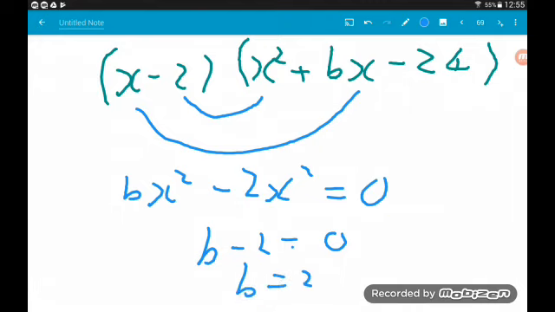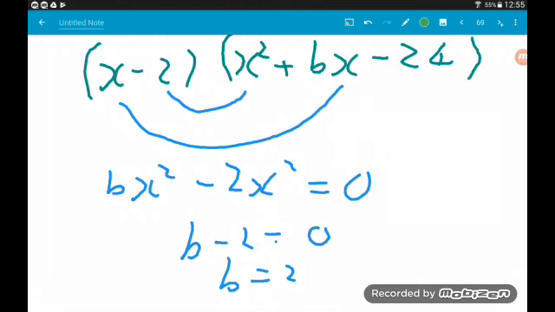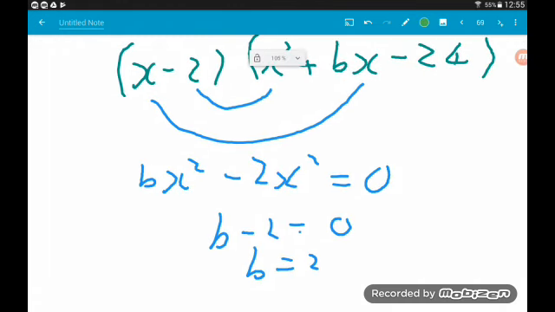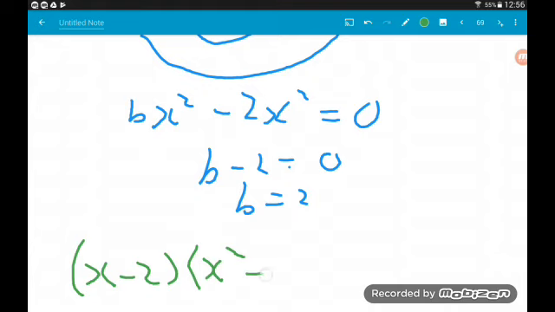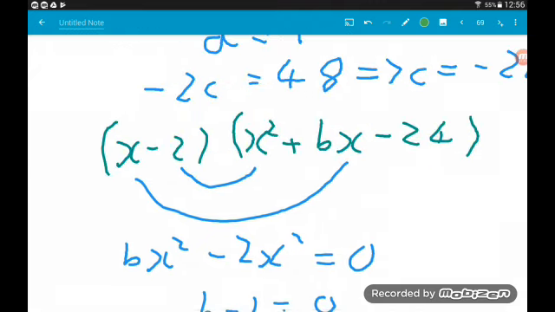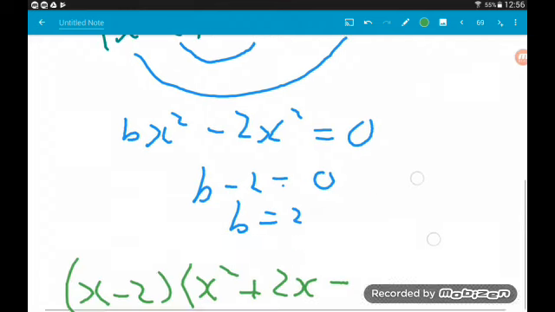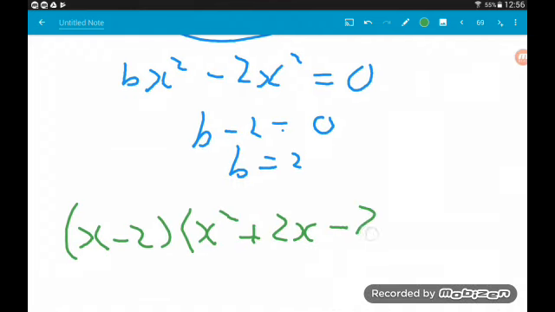So now we can write the cubic in terms of a linear and quadratic factor as (x minus 2) times (x squared plus 2x minus 24) at the end, like that.